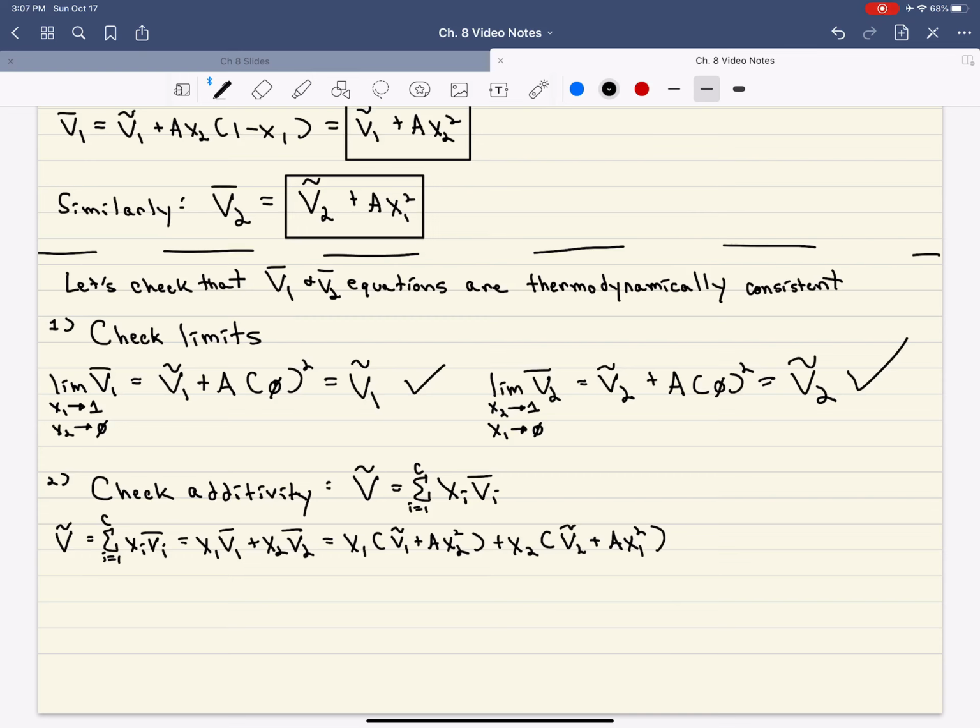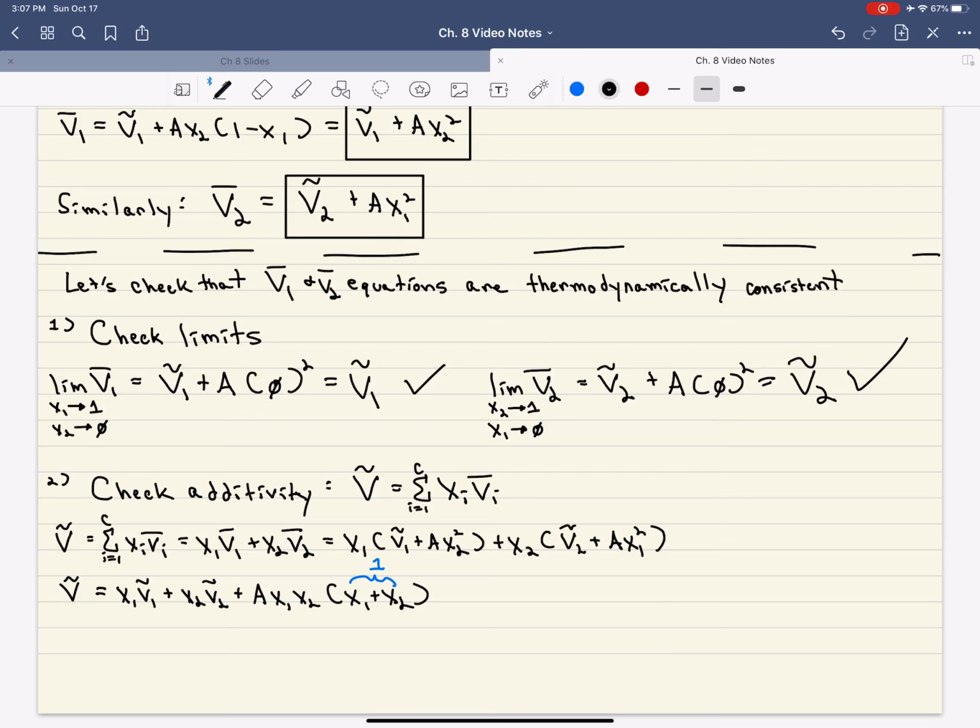We could distribute across various factors. And so this x1 and x2, the sum of those two things, since there's only two components, we know that sum should equal 1.